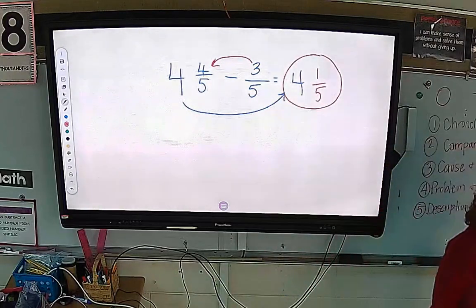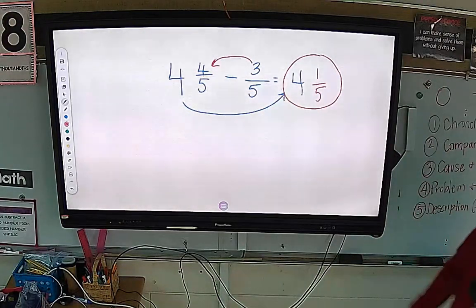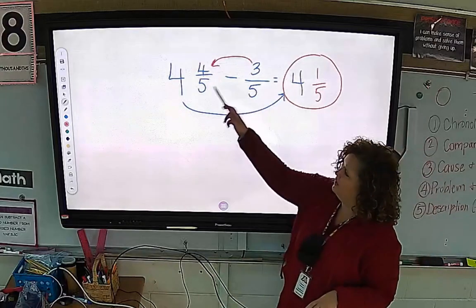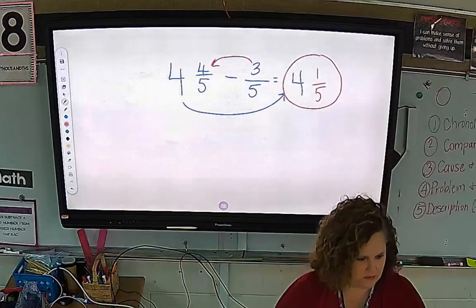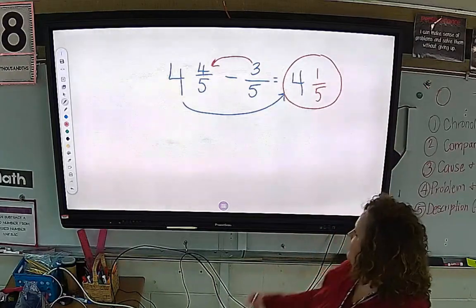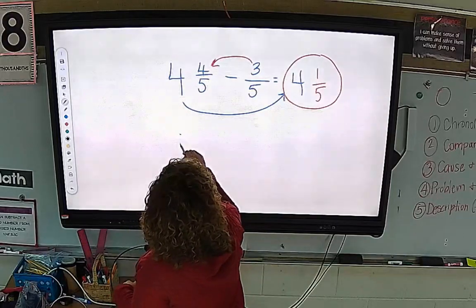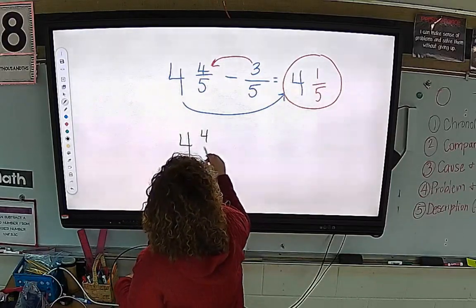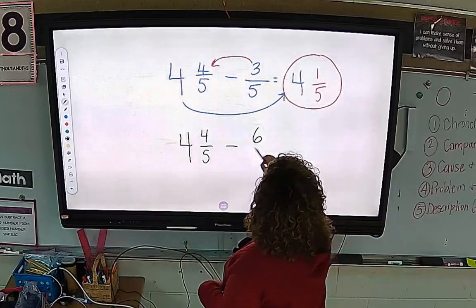And so remember how we said pause and stop and look, because if you can see right away, oh, I don't have to do much there, I can just subtract that, then that's super fast. Okay. What if we had this same mixed number, 4 4/5, but what if I needed to subtract 6/5?